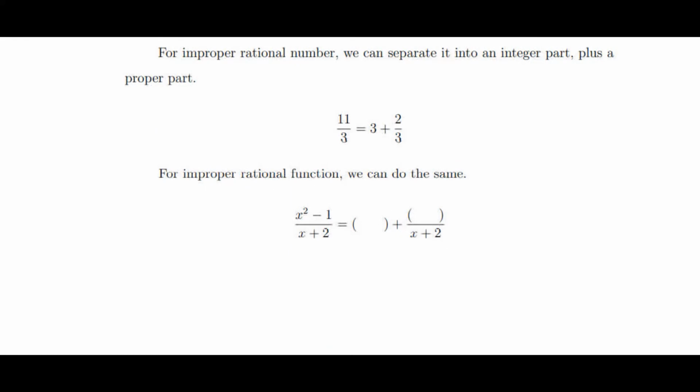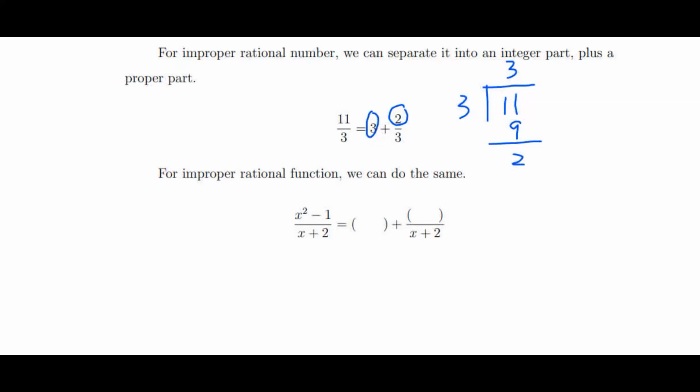So how can we separate? Let's check how we can separate 11 over 3 as 3 plus 2 over 3. We just regard this as division, 11 divided by 3. We find quotient is 3 and the remainder is 2, right? So actually this part is quotient and this is remainder.